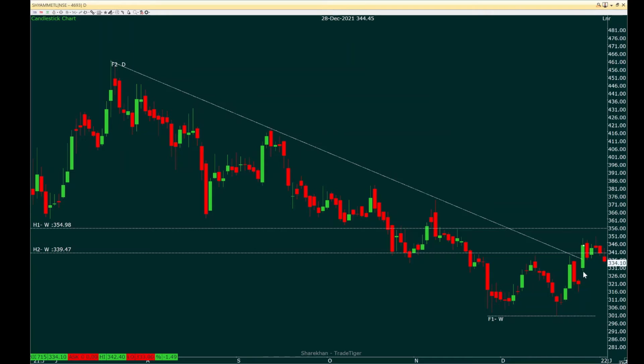After the breach of this trend line, there is a consolidation going on. If the price is not able to move significantly up from here, it may come to this area. So we can consider this as a drop, base, and a rally. It has a gap, so there are high chances that price may move from here.